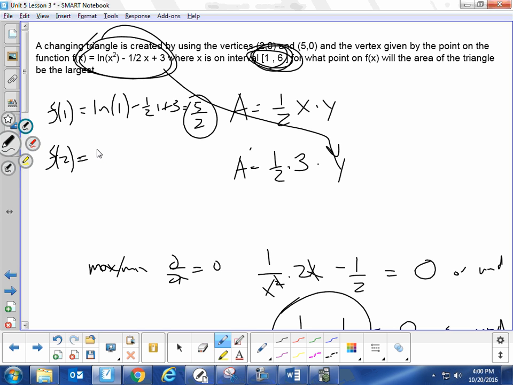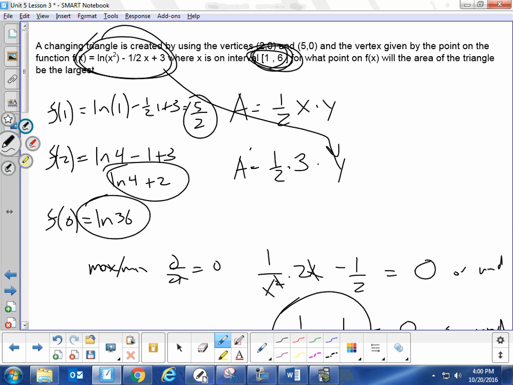So I plug in 2, I get the log of 4 minus 1 plus 3. So this is the log of 4 plus 2. And then I check 6. I have the log of 36 minus 3 plus 3. So I really have to compare log of 4 plus 2, log of 36. What's going to give me the biggest?